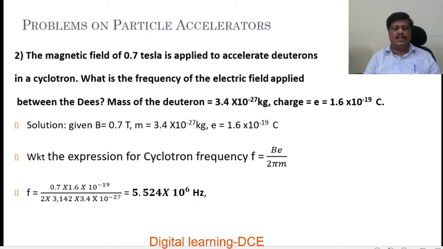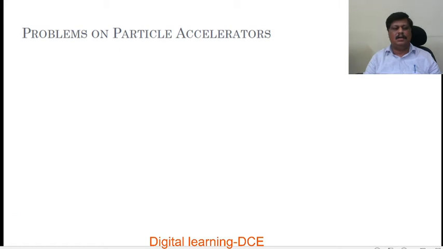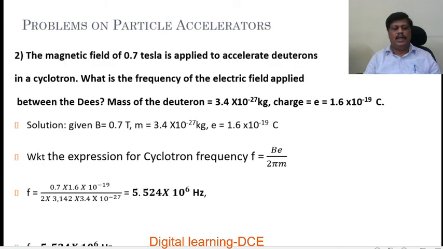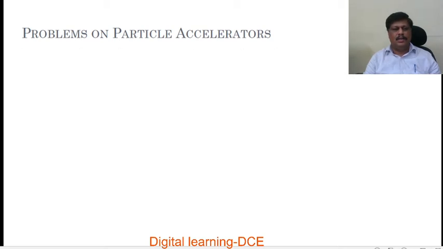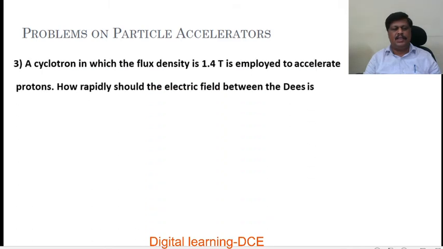After simplification, we get the value of frequency F is equal to 5.524 into 10 power 6 Hertz or 5.524 megahertz.